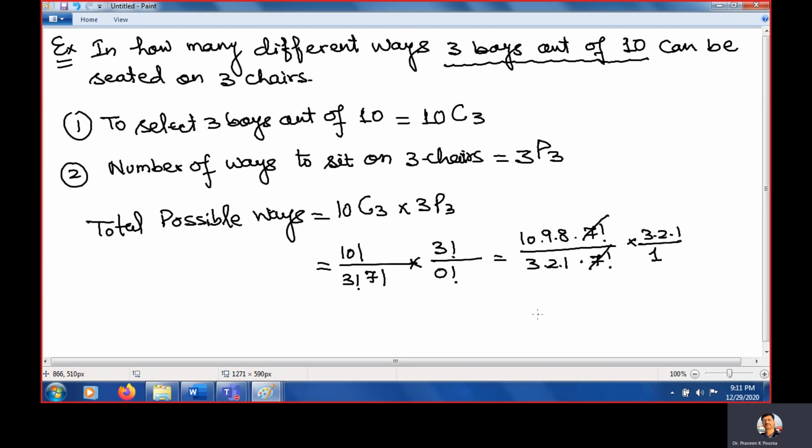So factorial 7 is cancelled by factorial 7, 3, 2, 1 cancelled by 3, 2, 1. How much is it? 720 ways. Because for one selection of 3 boys, there are 3P3 possibilities to sit on 3 chairs. So you need to multiply the total number of selections with 3P3 and that is 720 ways. Okay, so this is about the total possible ways.